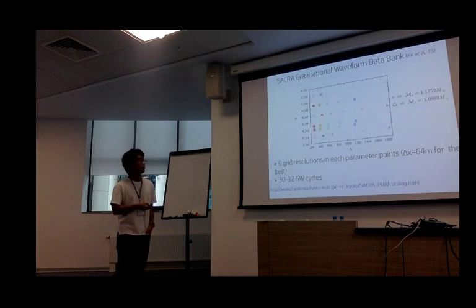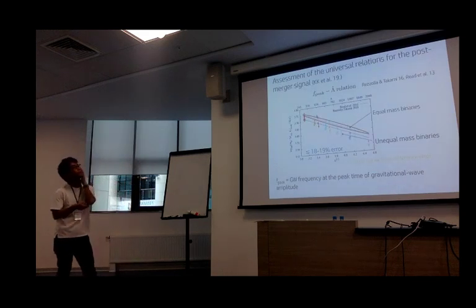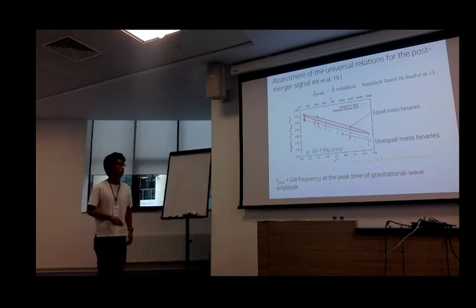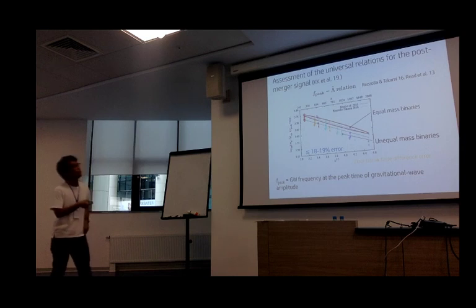Anyway, with this gravitational wave data, we assess the universal relations. The first one is the so-called f-peak lambda-tilde relation. f-peak is the gravitational wave frequency at the peak time of the gravitational wave amplitude. And Rezzolla and Takami and the other guys proposed a relation between f-peak and lambda. We plot f-peak and lambda with our simulation data, and here is the Rezzolla and Takami relation.